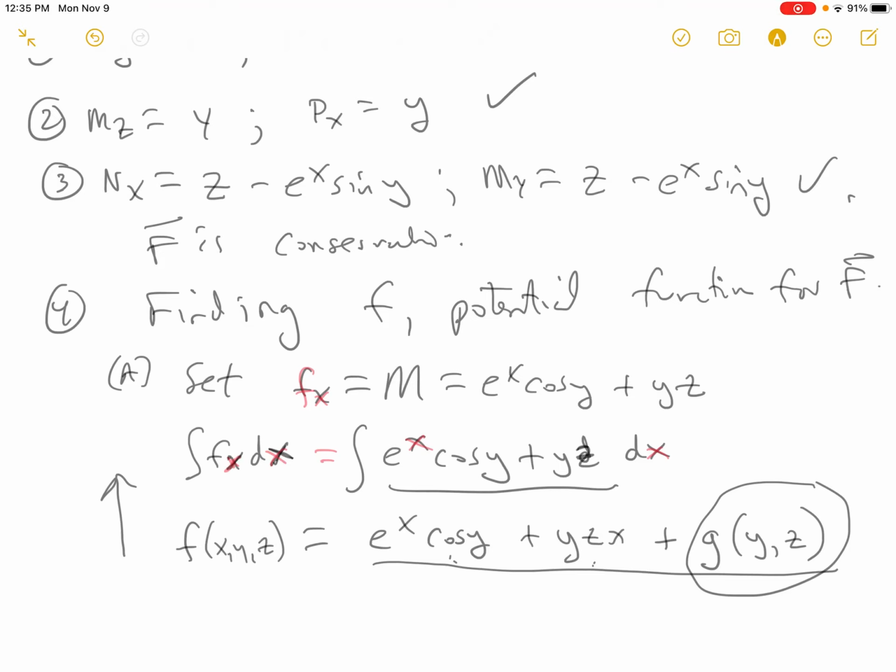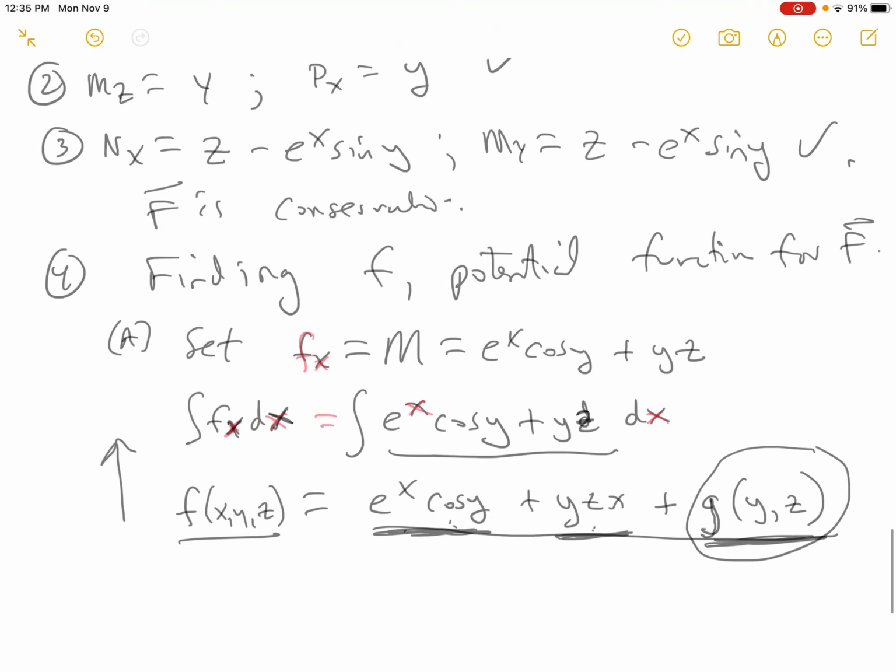I integrated this partial with respect to x to get f. And I picked up this g of y, z on the right here. If I was going backwards and taking the x partial, this guy would be e to the x cosine y. This would be yz. And then any function that was only in terms of y or z or both would have a derivative of 0.